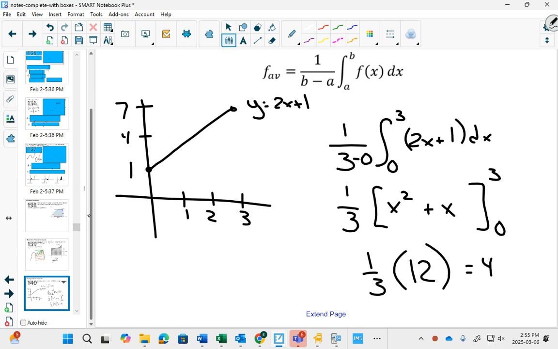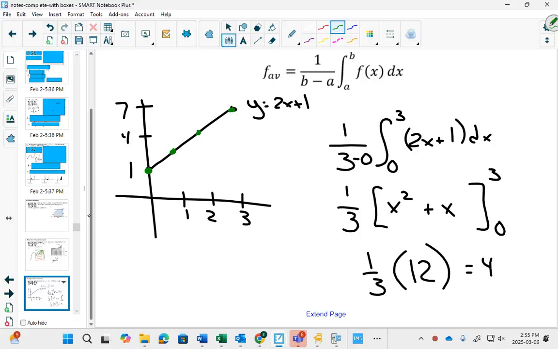We could think of these as 4 students who did a test in my class. One student got 1%, another student got 3%, this student got 5%, and the last student got 7%.